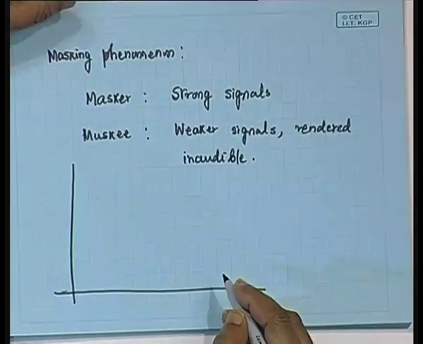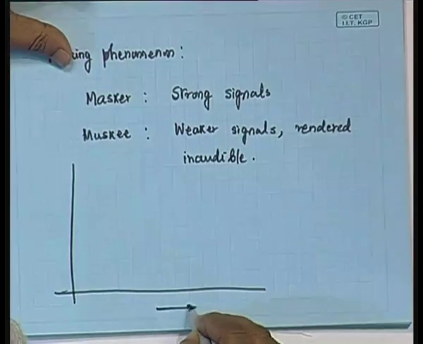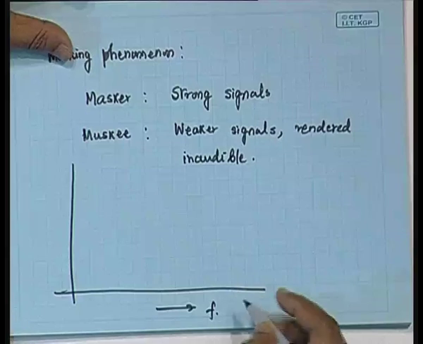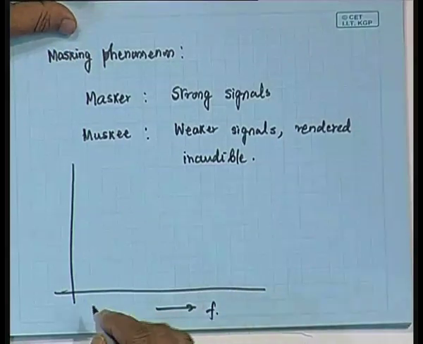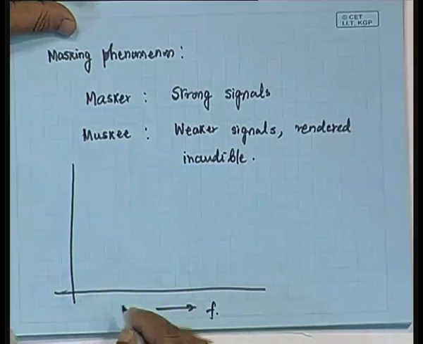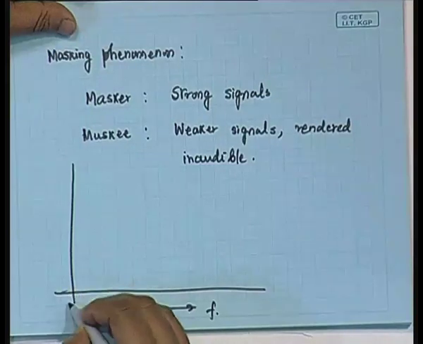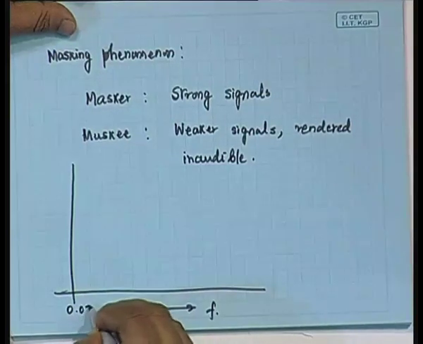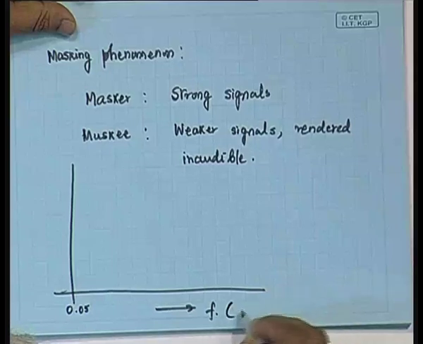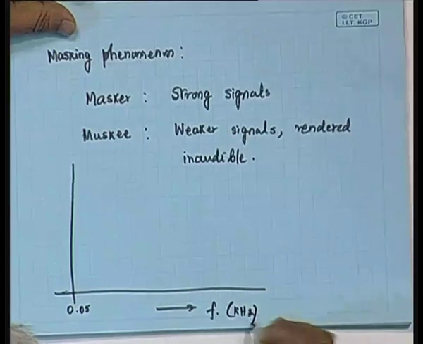We will find that if this is the axis we take for frequency, on the left hand side we consider the very low frequencies, and I am plotting all the frequencies in the kilohertz range.